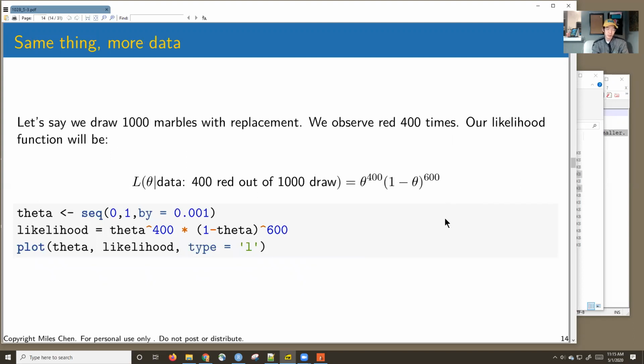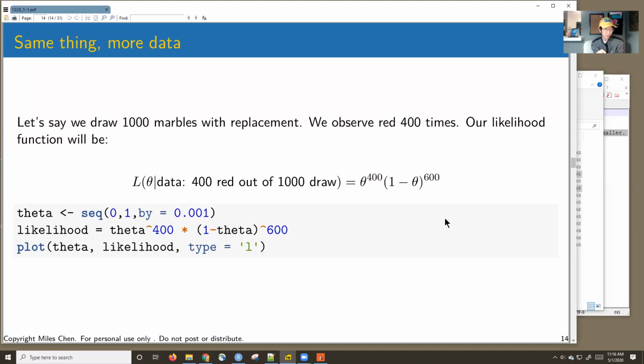Okay, so let's pretend I continue this, where I've got the pouch, I shake it up, I draw a marble, look at it, and put it back. Let's say I do this 1,000 times. I draw 1,000 marbles with replacement, and let's say I observed 400 red marbles.